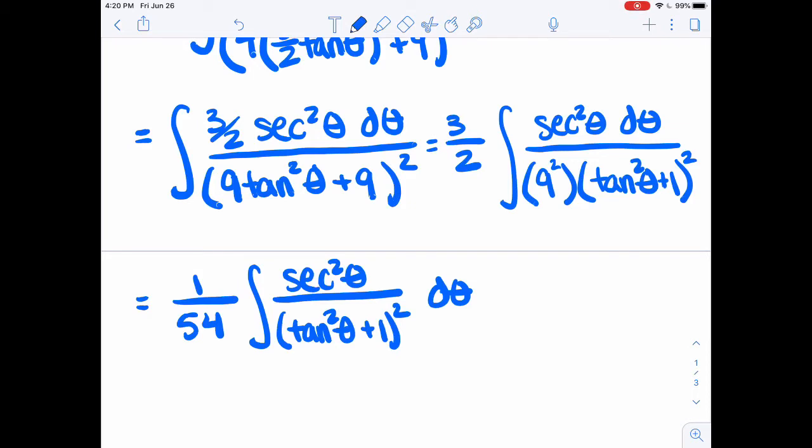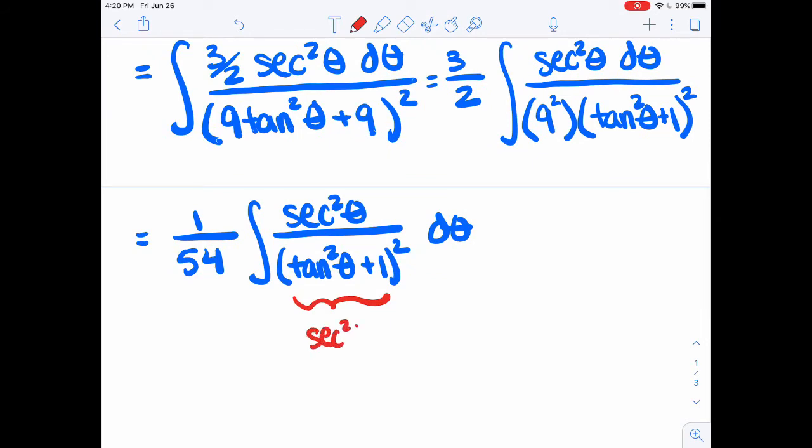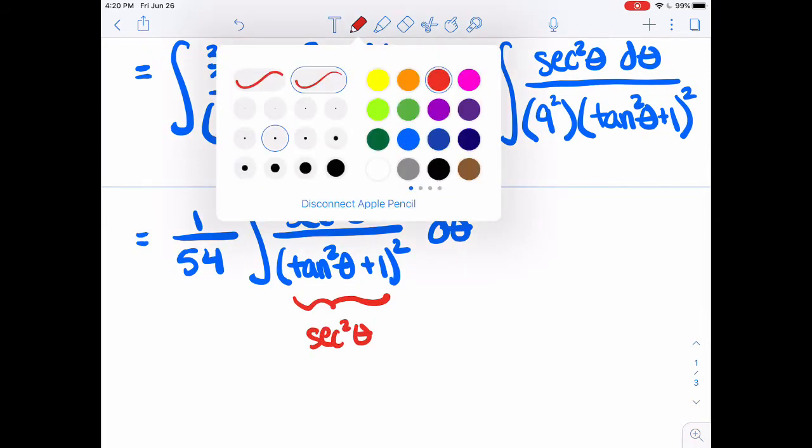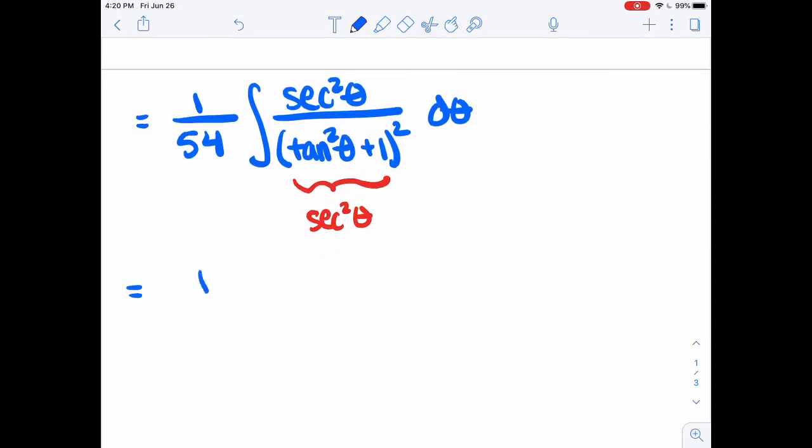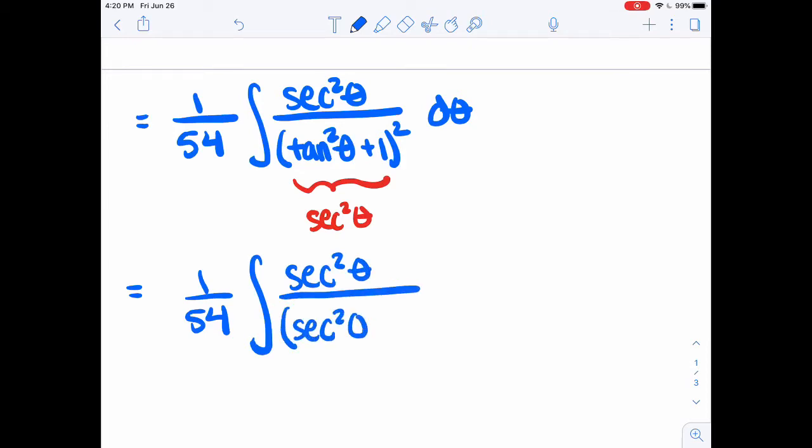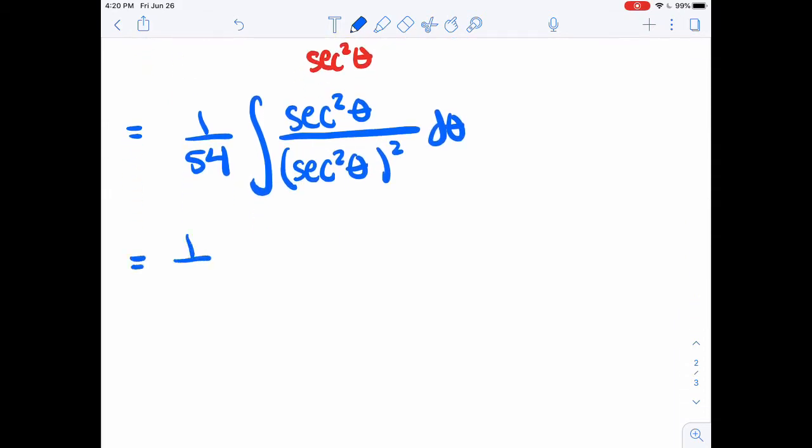Now the next part of the table tells us what identity to use, and the identity is that tan squared plus 1 is secant squared. So this becomes 1 over 54 times the integral of secant squared theta divided by secant squared theta quantity squared d theta. Powers of secant are going to cancel now. I have 1 over 54 times the integral of 1 over secant squared theta d theta.